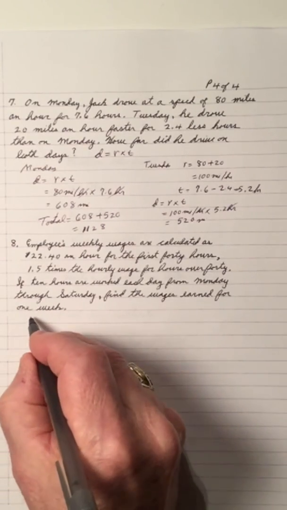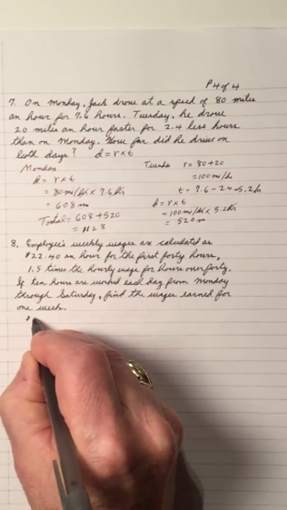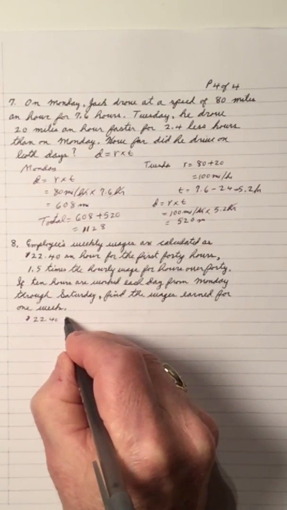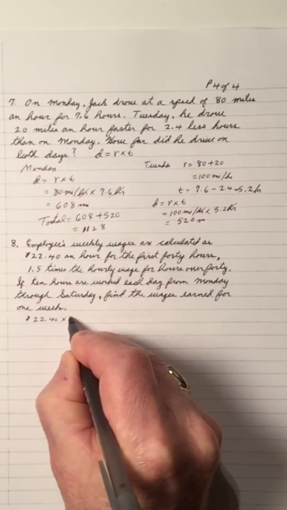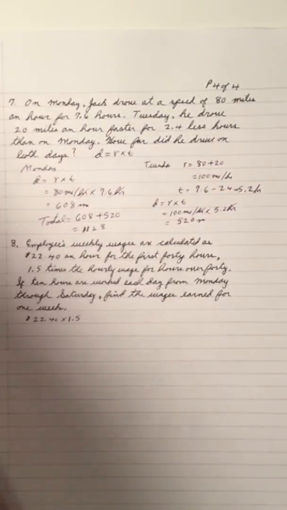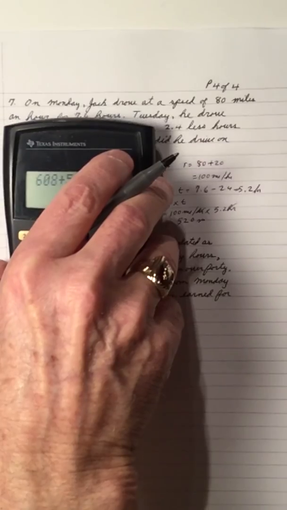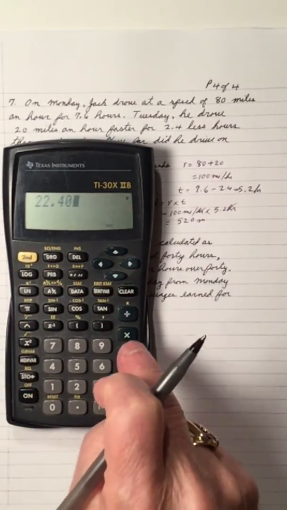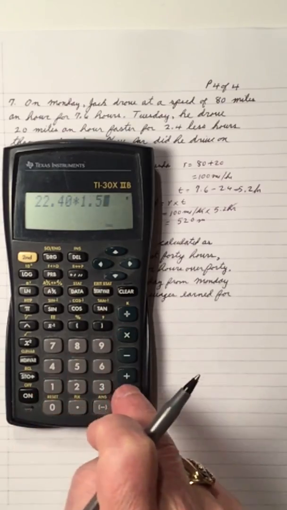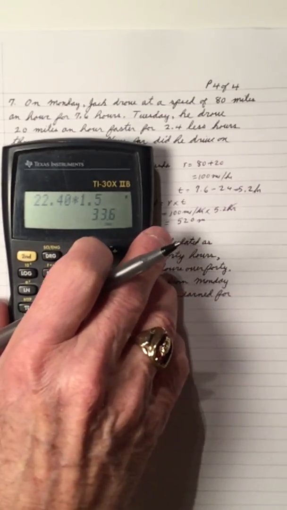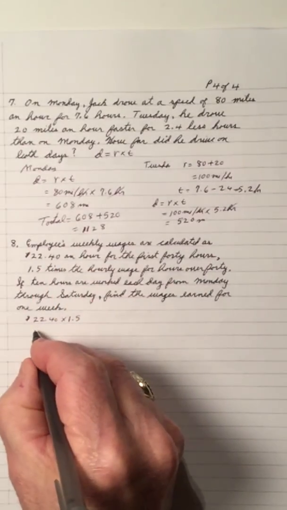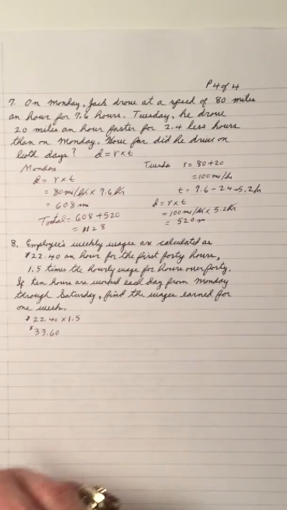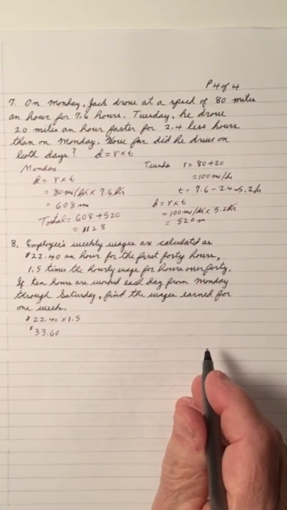So if he worked for $22.40 regularly, and his extra hours is 1.5 more than that, so 22.40 times 1.5 gives him $33.60. So he makes $33.60 for each hour over 40.